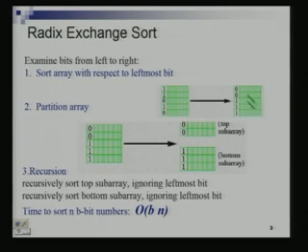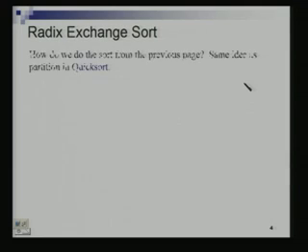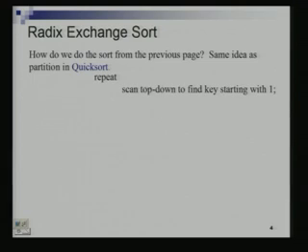If you recall, in my recurrence I wrote order n for this and you did not raise a ruckus on that. So, the point is we can use the partitioning algorithm that we employed in quicksort to do this. What does that mean? We will scan from top to down, finding the first key with a 1 in the leftmost bit, and from bottom to up finding the first key with a 0 in the leftmost bit, and swap them.